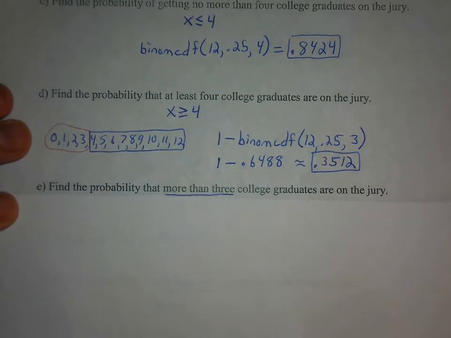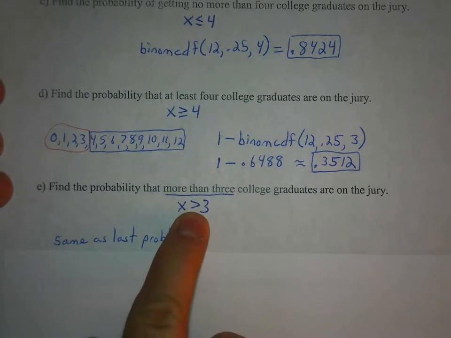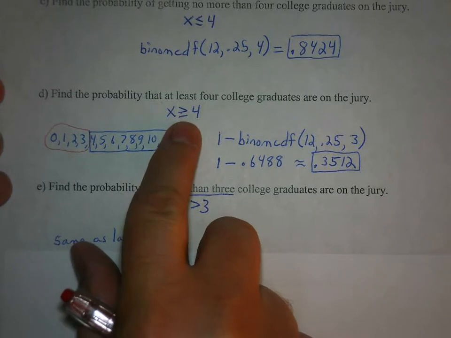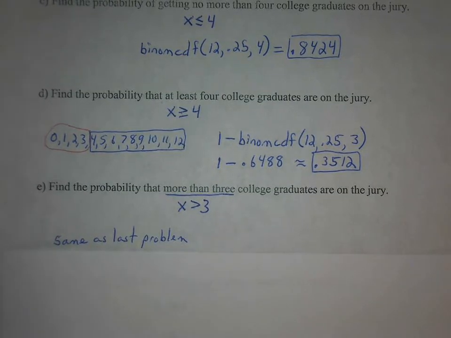What you might notice there is that's the same thing as the last problem. So x is greater than 3 is the same thing as x is greater than or equal to 4, because you can't choose 3.2 or 3.75 college graduates. You have to choose a whole number of college graduates. So those probabilities are the same thing.